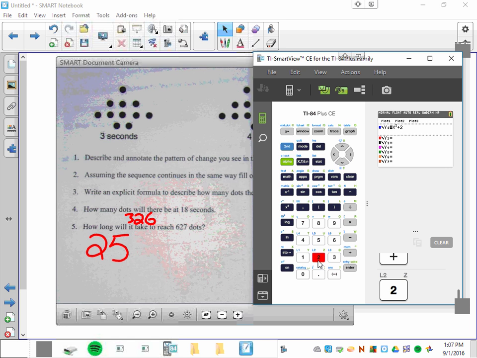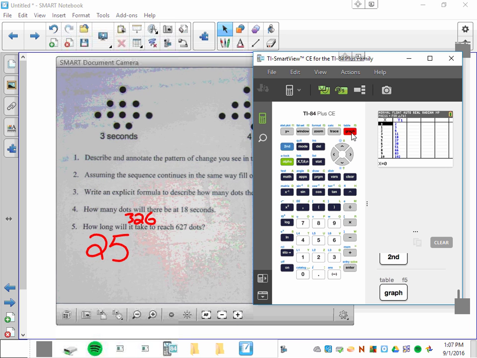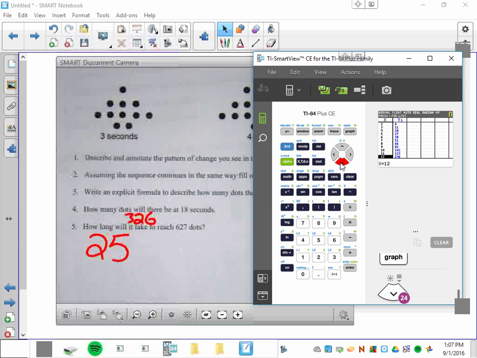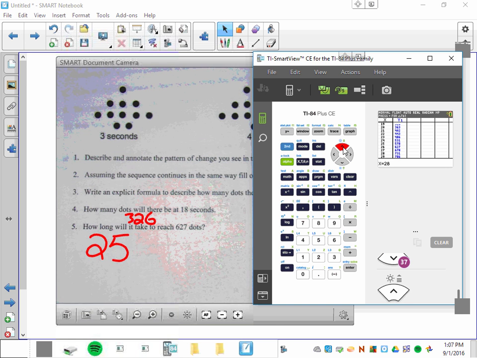If you push second and then push the graph button, now we have an XY table. And if we scroll down, we just keep going until we find 627. And it will take us right where we want to go, right there.